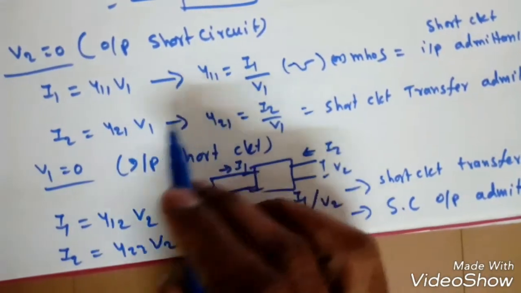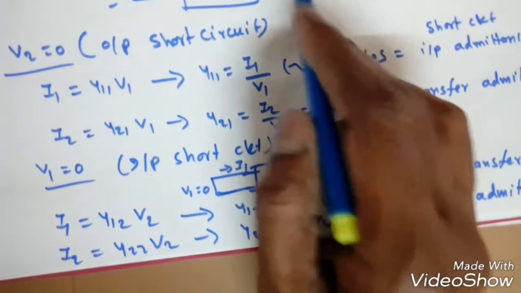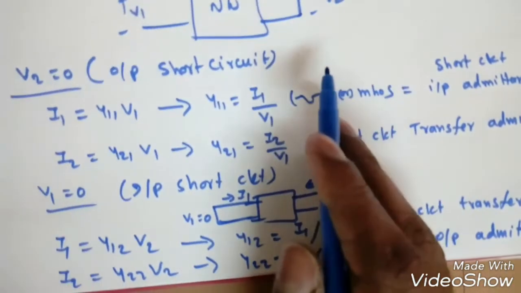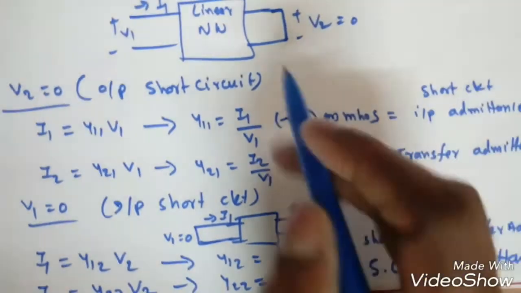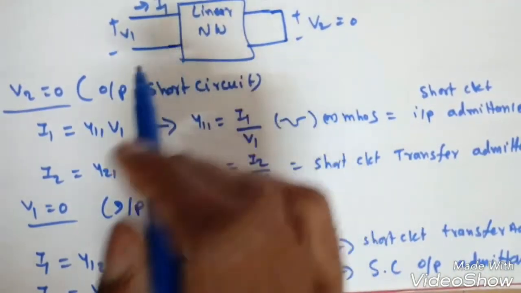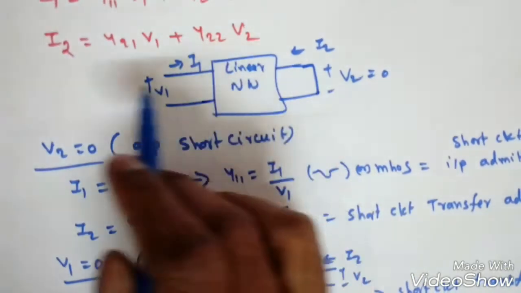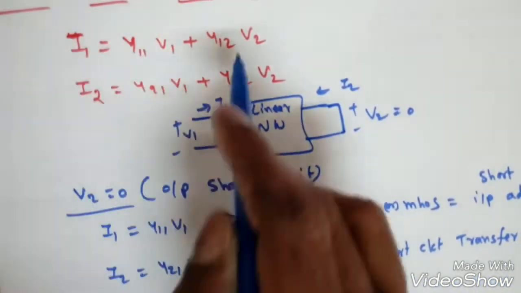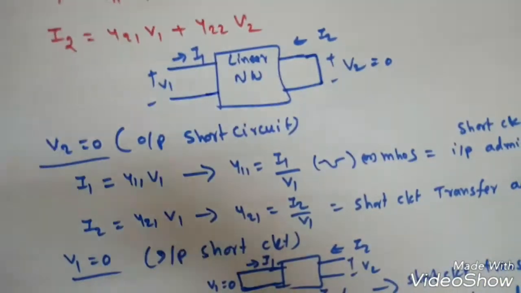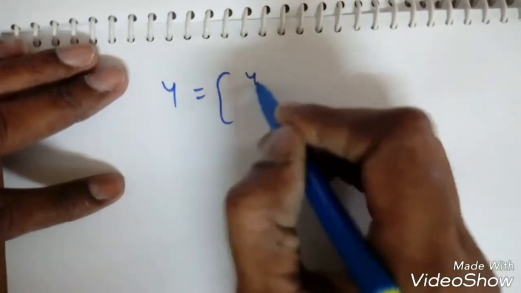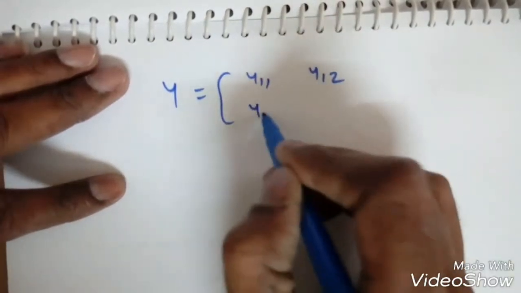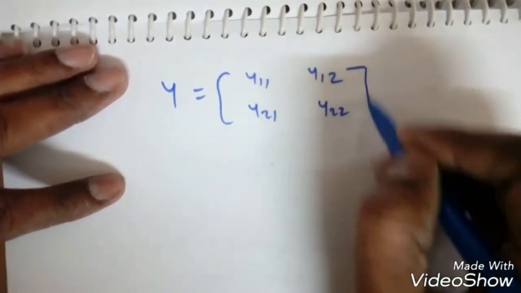Again, we don't find it from this procedure, that is V2 equal to 0 and so on. This is a standard procedure. Suppose you are not able to write the mesh analysis and get these equations, then only we can apply this procedure. If I make the matrix form, it becomes Y equal to Y11, Y12, Y21, Y22.